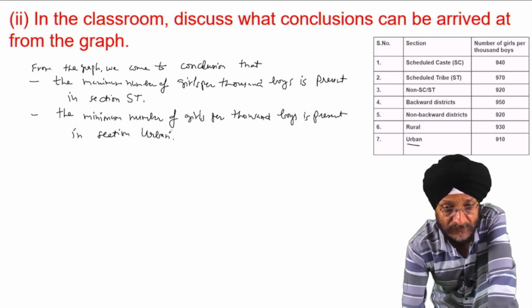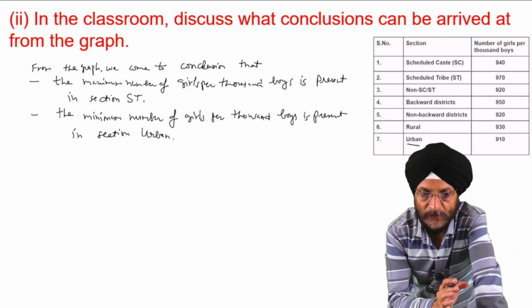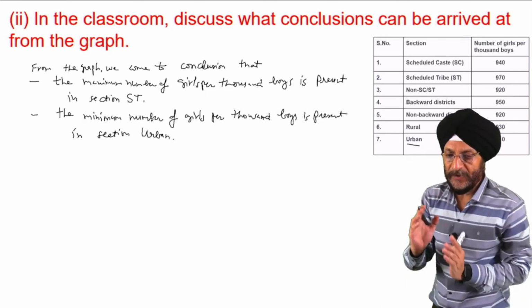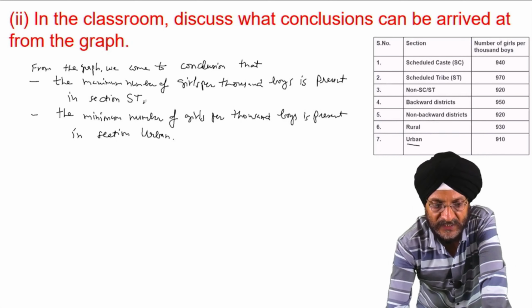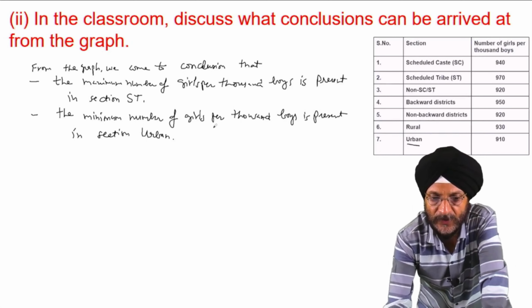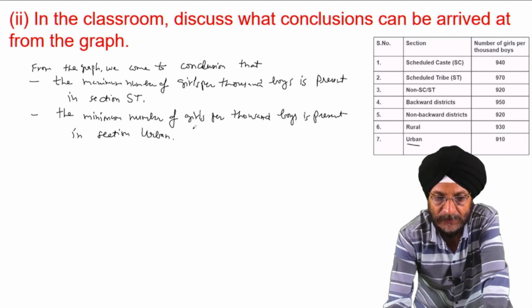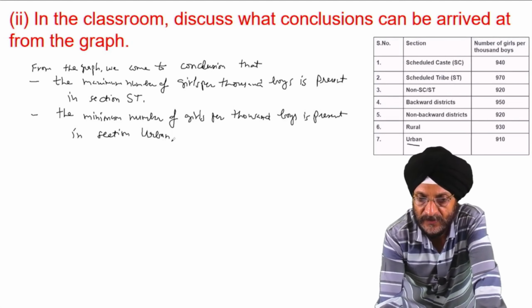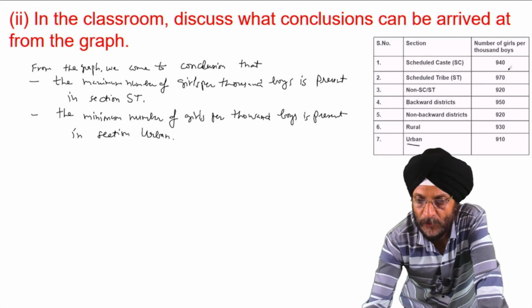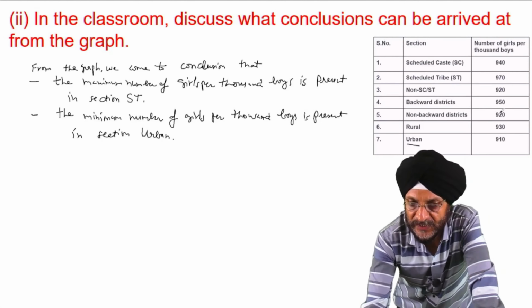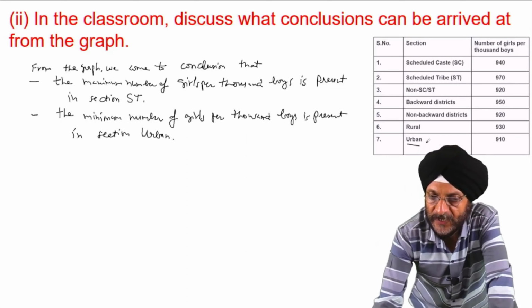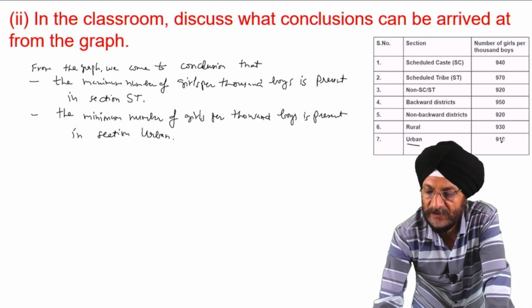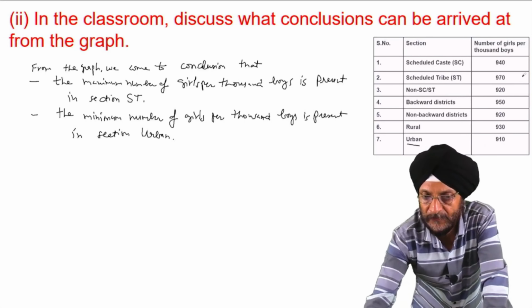It means that the maximum number of girls as compared to boys is present in section ST, and the minimum number of girls per thousand boys is present in section urban. When the number of boys is 1000 in each case, in the case of ST, the girls are 970, and in the case of urban areas, the girls are 910, which is the minimum.